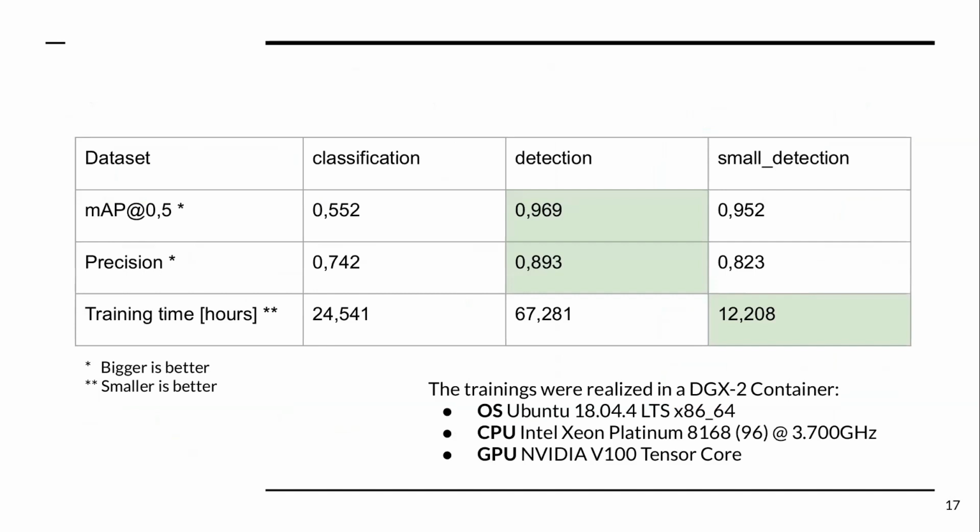We had access to a very good computer, a DGX2 container that we could use during the semester, but independently of this, the training for the detection dataset was still 67 hours long.